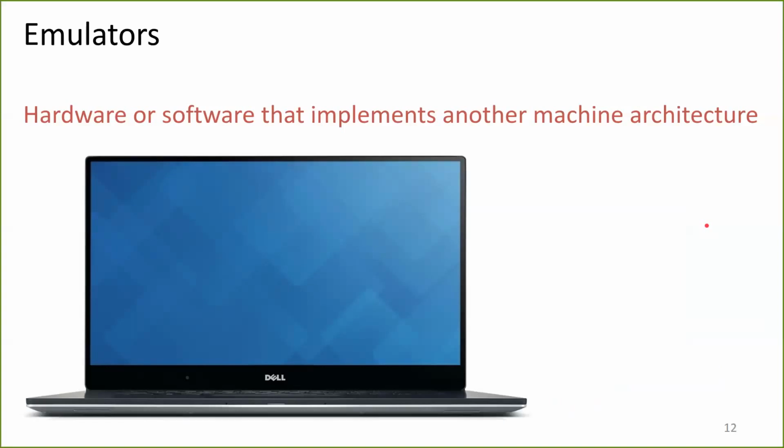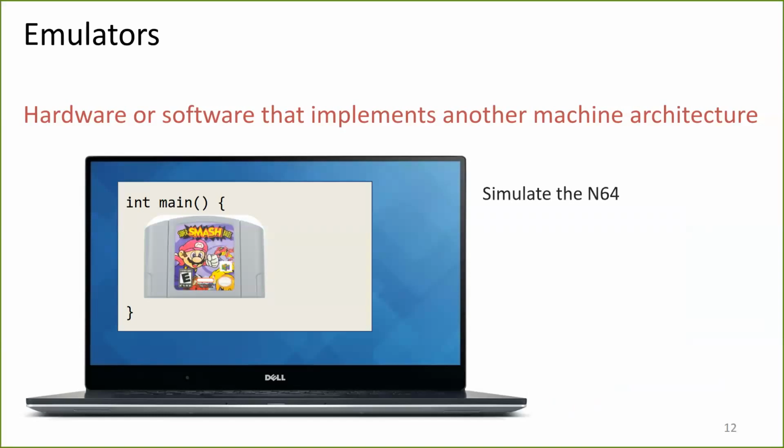One way I could do it is to simulate an N64 game on my computer. Here's how this would work. I could write a C program represented with this goofy little box, int main, here. And that program could somehow capture the software present in an N64 cartridge.